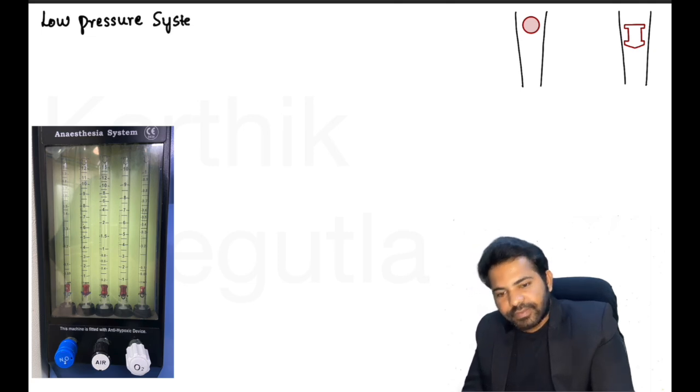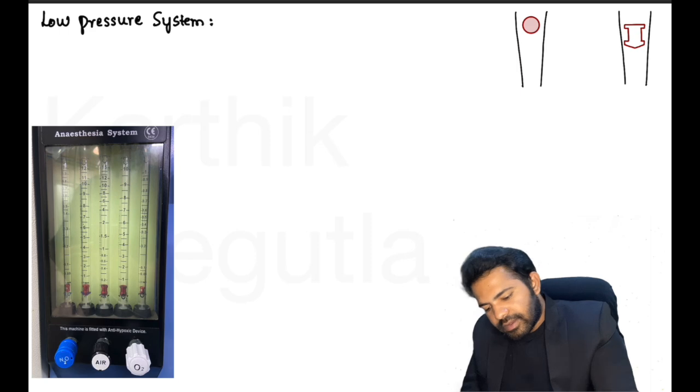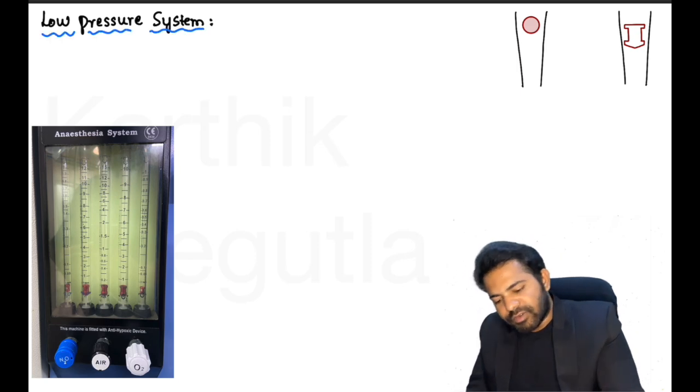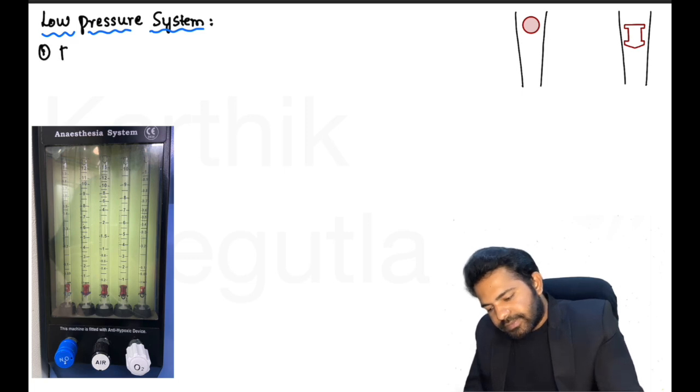Next, moving on, the last element in the anesthesia machine lecture, we'll talk about the low pressure system. The first thing we are going to talk about is the flow meters.